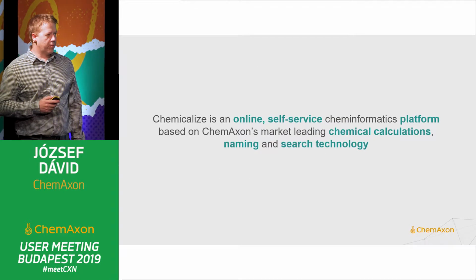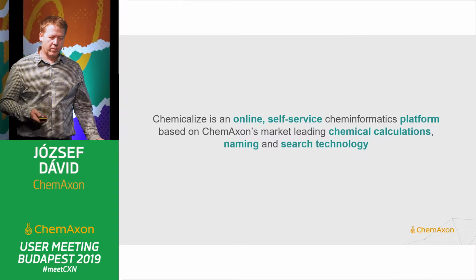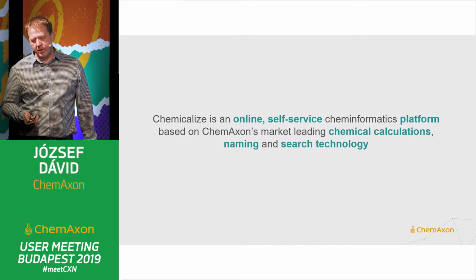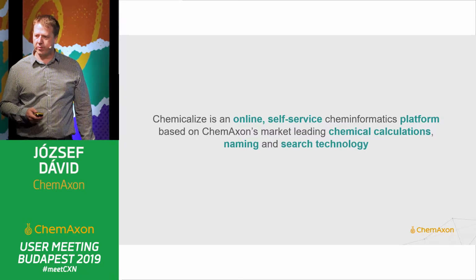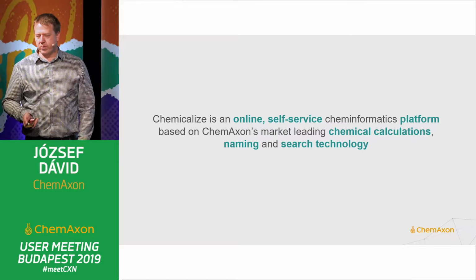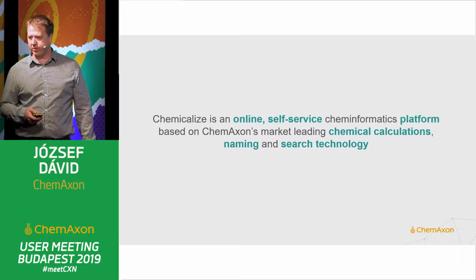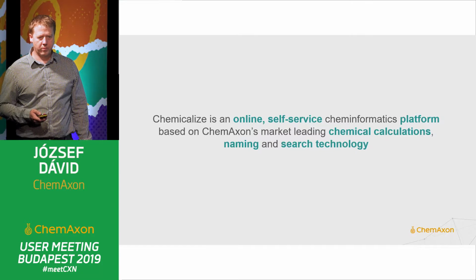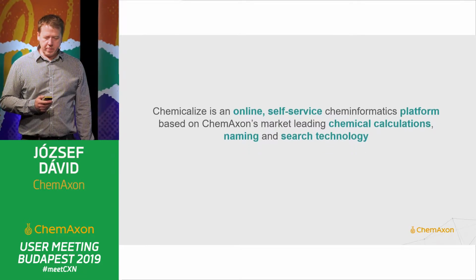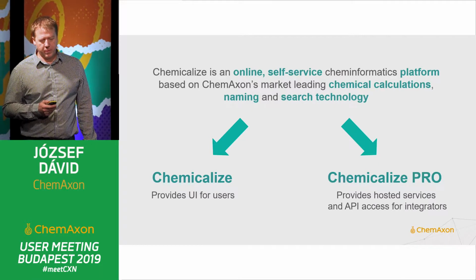And now let's give some more insights about Chemicalize, which is kind of a definition. It's an online search service platform using the chemical knowledge and chemical calculations of ChemAxon, plus all the naming and search technologies we have developed over these 21 years. And it's not just one, but two applications.